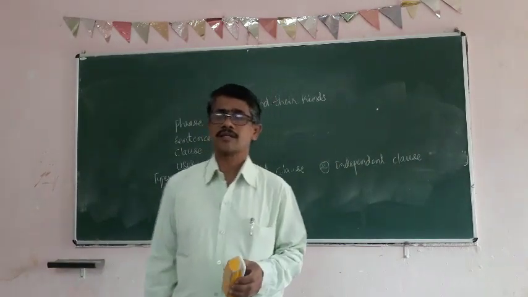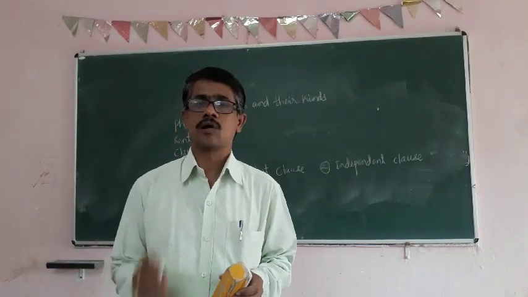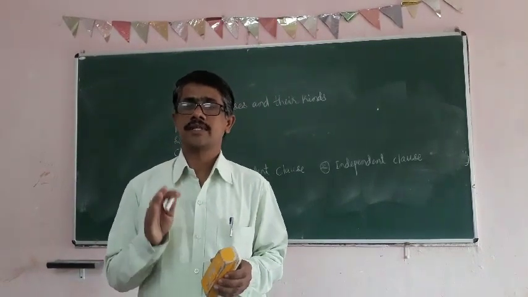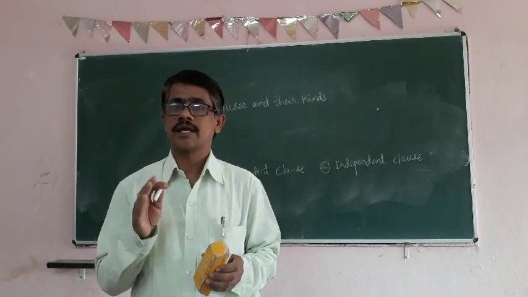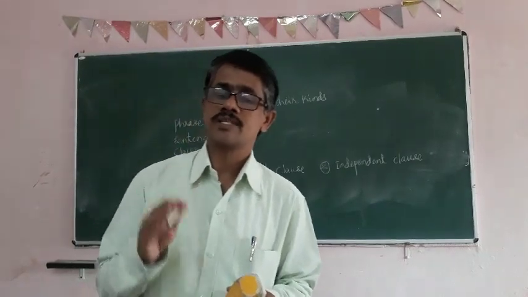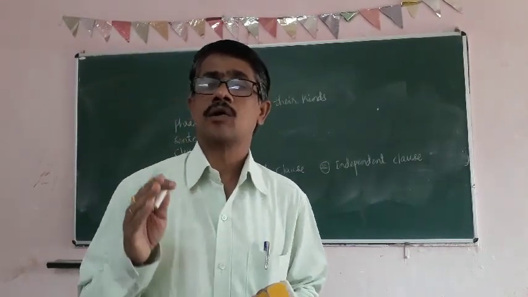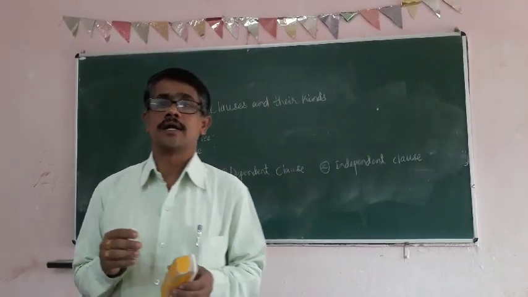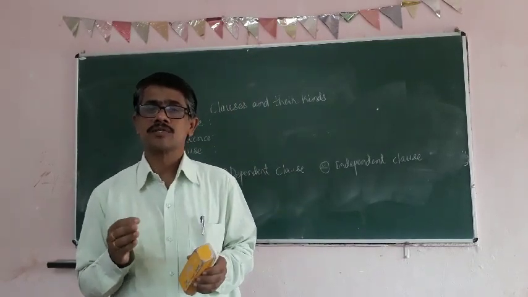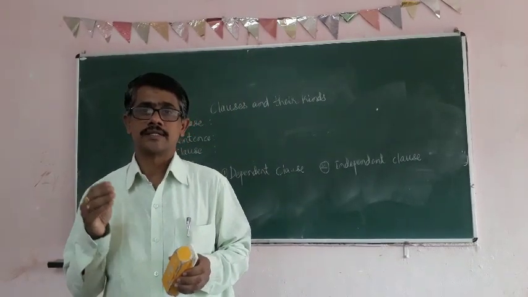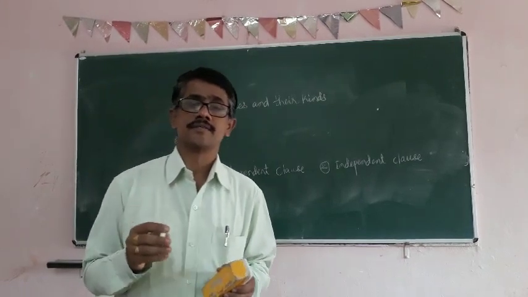Dependent clauses cannot stand alone. They are not sentences. Since they cannot stand alone, that is why they are called dependent clauses. And independent clauses can stand alone, and they are called sentences.